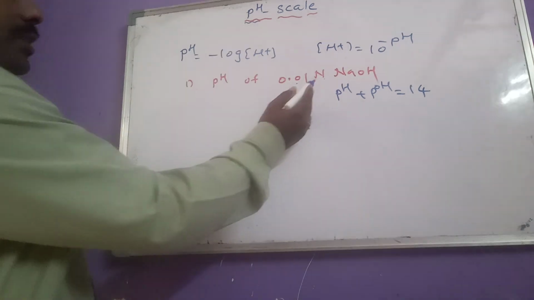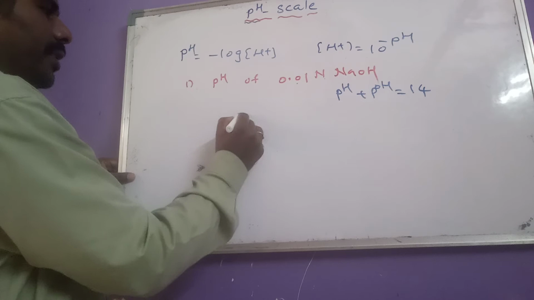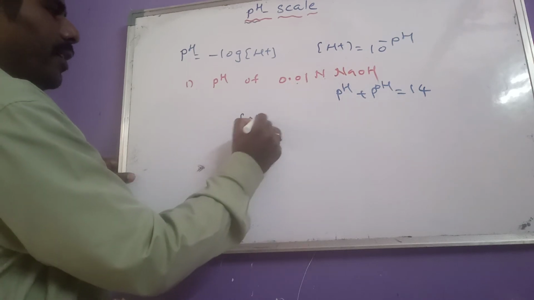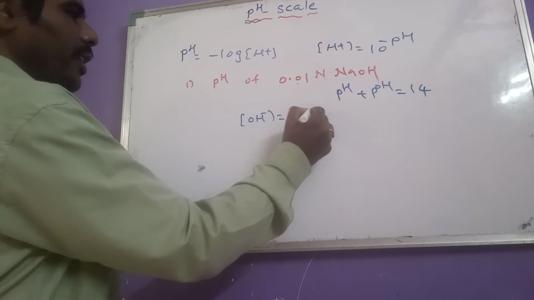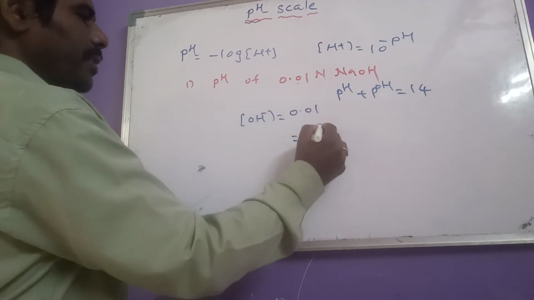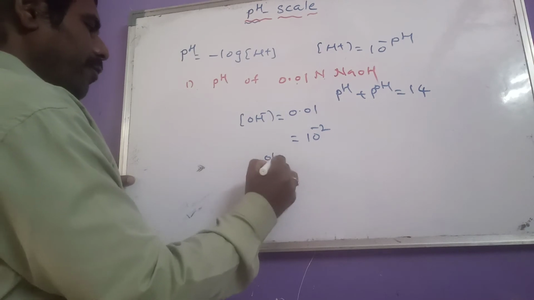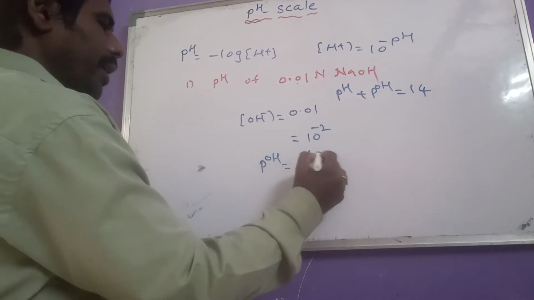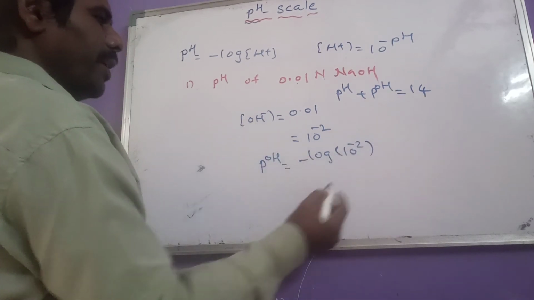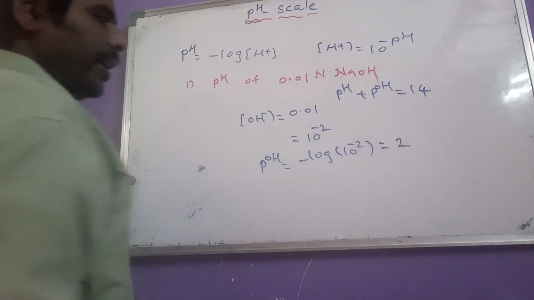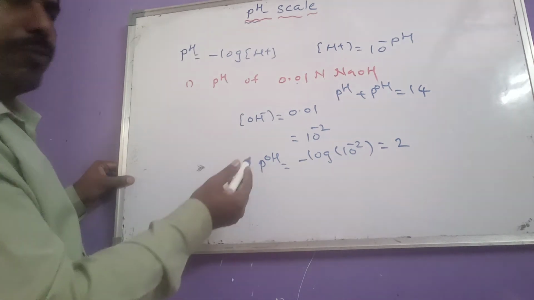Now, first let us calculate pOH. As normality is given, the OH minus concentration equals 0.01. That means 10 power minus 2. Therefore, pOH equals minus log of 10 power minus 2, which means from the OH minus concentration we get 2. But this is not the pH. We got pOH.